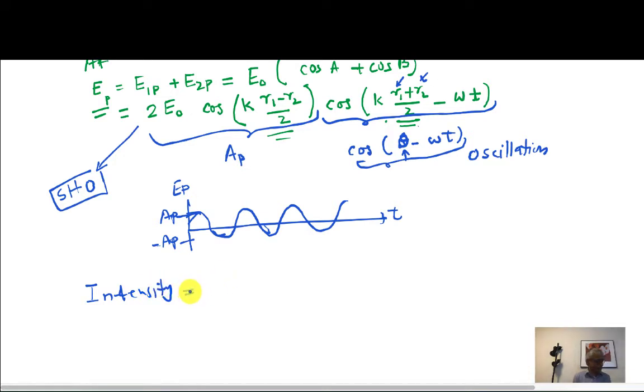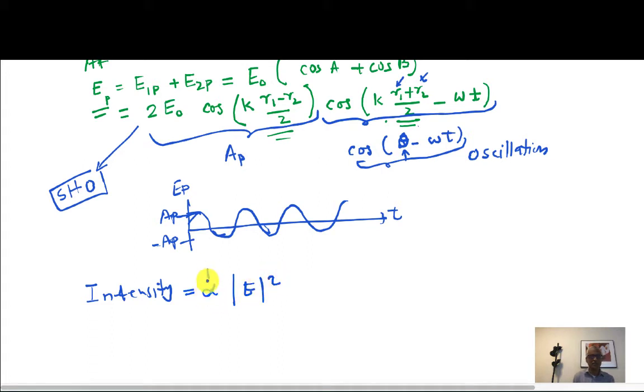So intensity is actually, if you look up the formula for intensity we have derived before, we are going to get some constant. It's some, say, alpha, some constant, and we have the field square. That's the intensity formula.